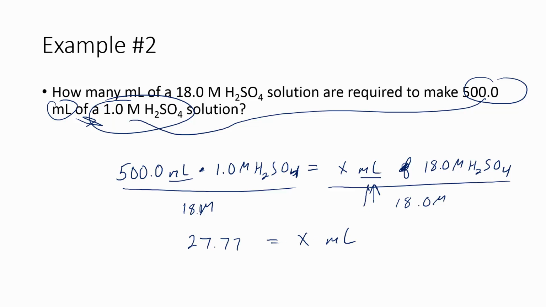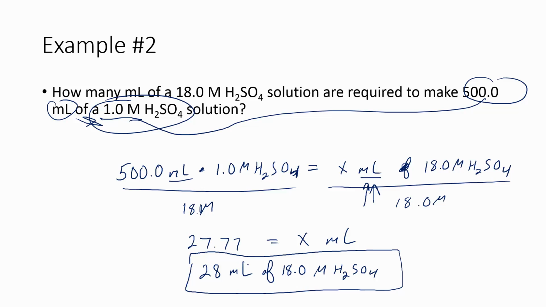See? Keep track of the units. So what do I have? Two significant figures. So to get 1 molar sulfuric acid and 500 milliliters of it, I better take 28 milliliters of 18.0 molar sulfuric acid.